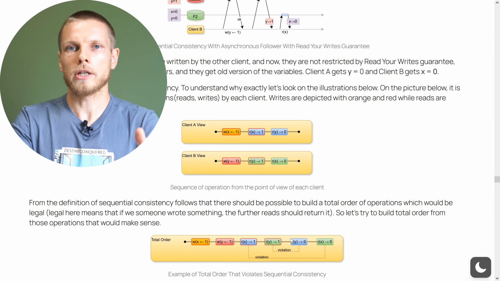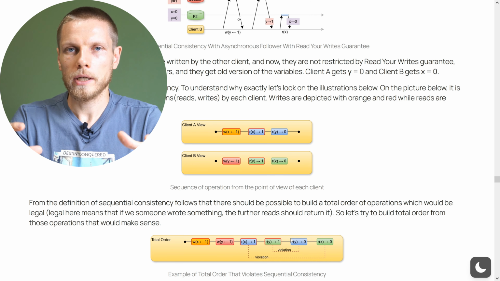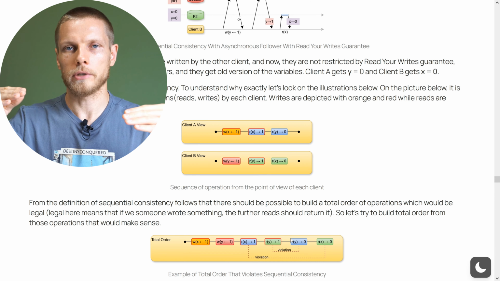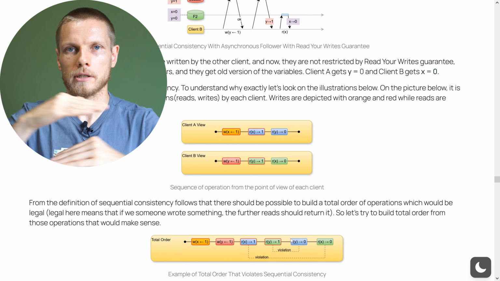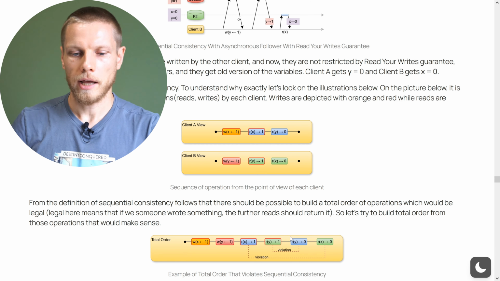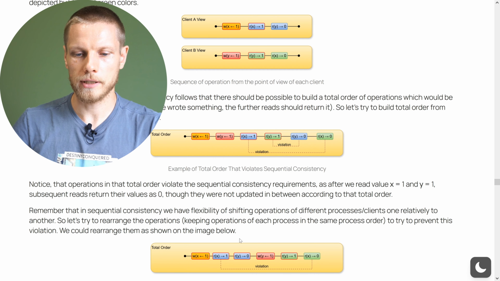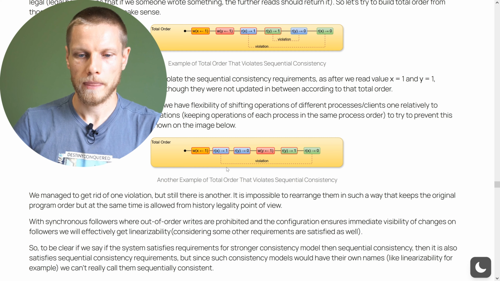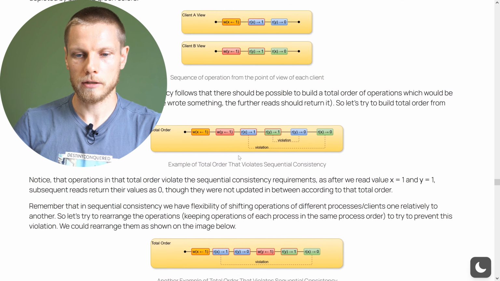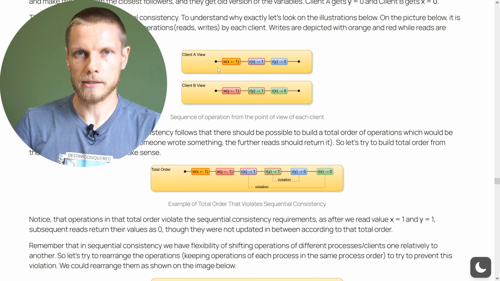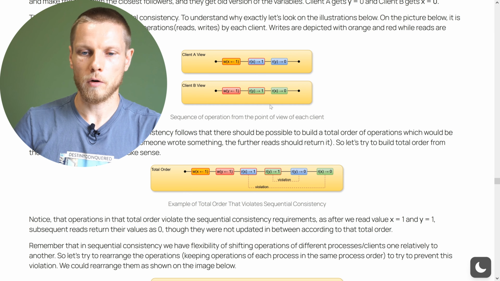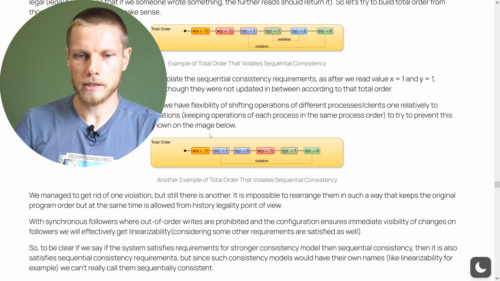Remember that in sequential consistency we have flexibility to shift operations of different processes relative to each other. Let's try to do that and see if we are able to fix that inconsistency. Now we will try first to place in our total order all operations of client A and then all operations of client B, and now we get that picture.